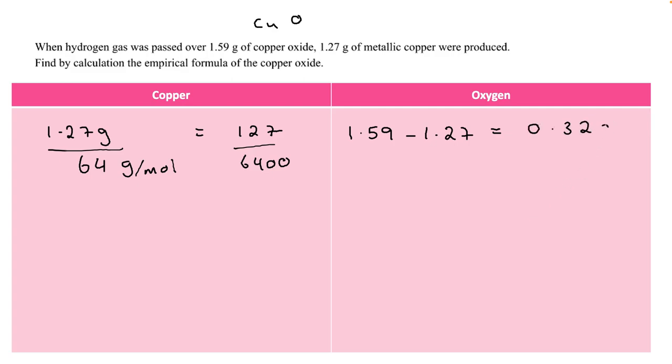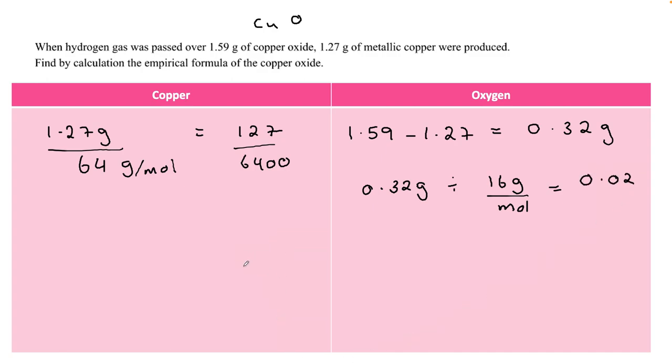And that's how many grams of the oxygen we have. I'm now going to convert that into moles by taking my grams and dividing by my molar mass, which is 16 grams per mole for oxygen. If I do that, I'm going to get a value of 0.02.